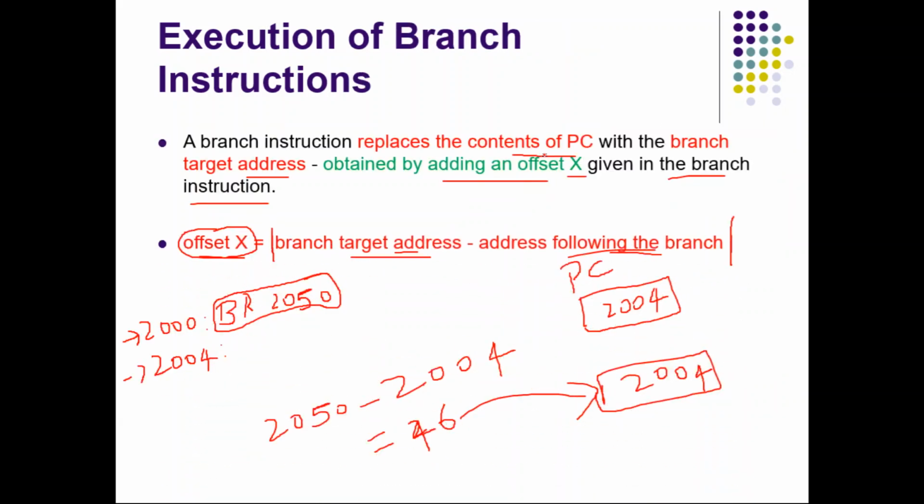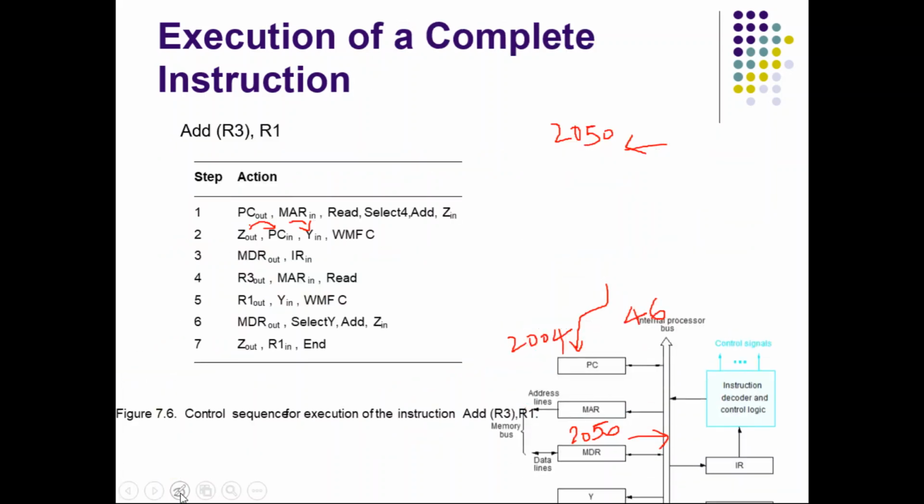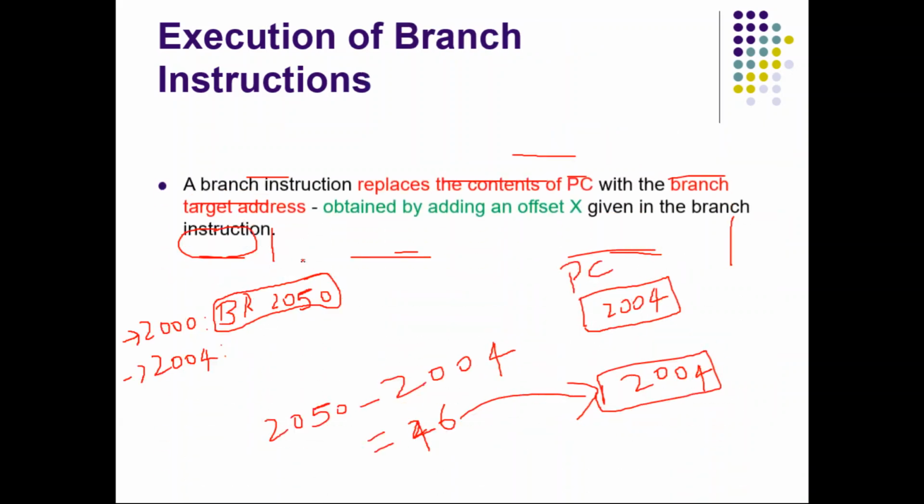So this is how it happens, and in that context we need Y. Every time you move the next address to PC in, you also move it to Y in, because we don't know whether it is a branch instruction or not. If it is a branch instruction, then we use Y in. For that purpose we use it. Okay, fine.